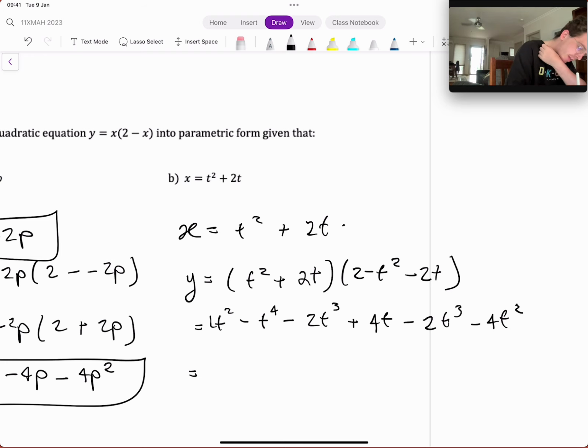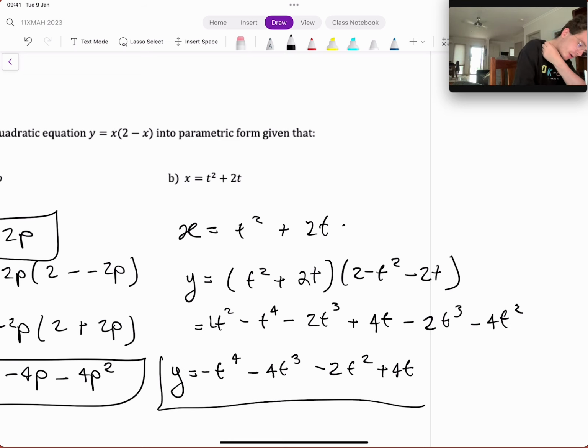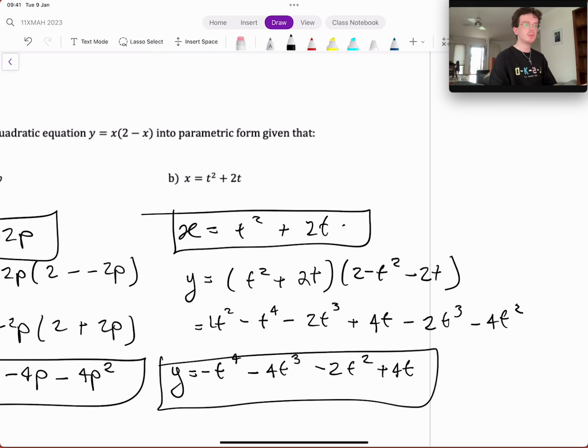So if we simplify that, we're going to get minus t to the power of 4 minus 4t cubed minus 2t squared plus 4t equals y. Awesome, and those are my two Cartesian equations. Sorry, my two parametric equations.